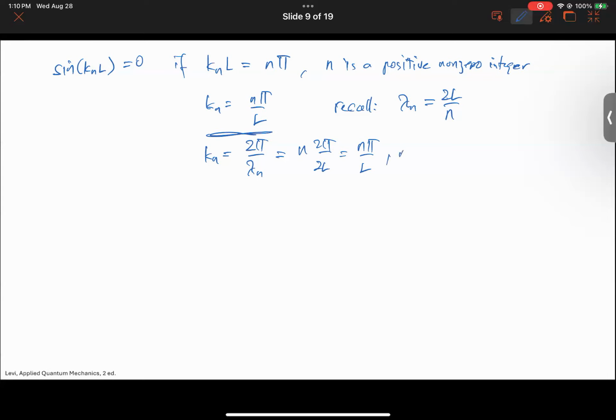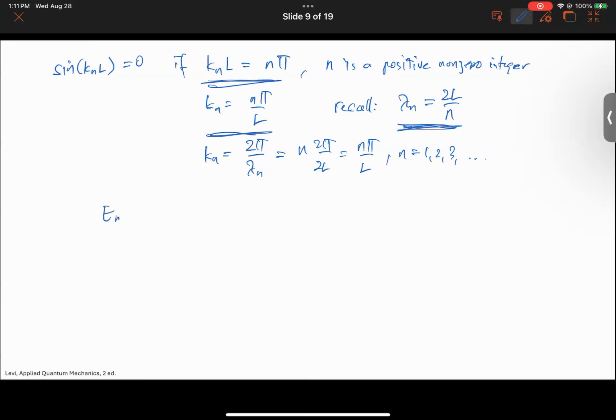Okay, so n equals 1, 2, 3. So the classical physics result also corresponds to the result we got in quantum physics.